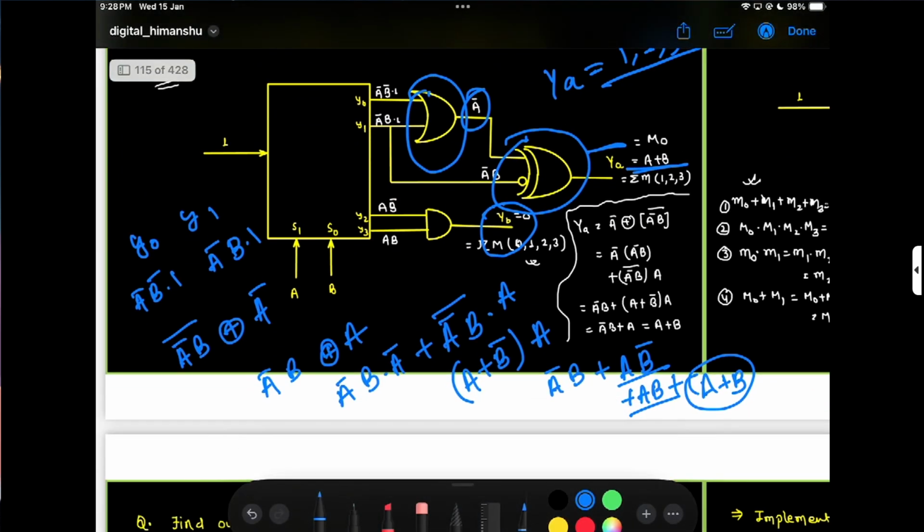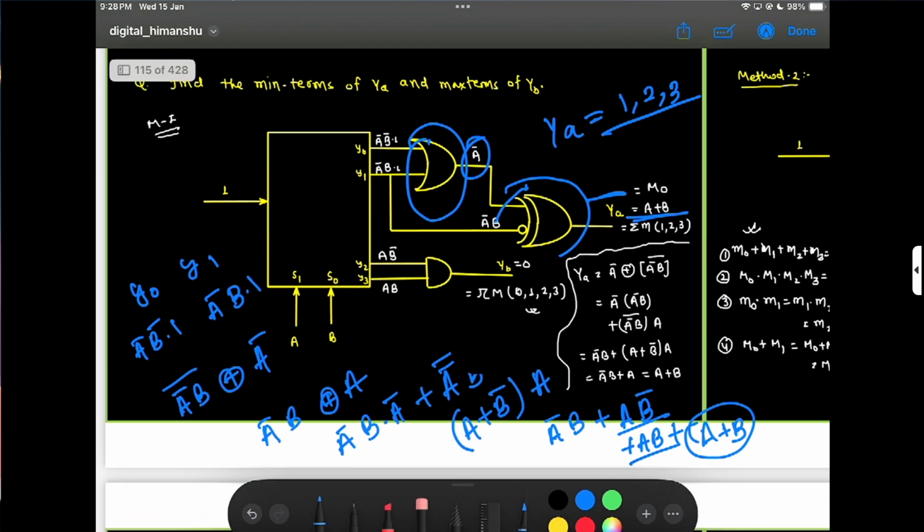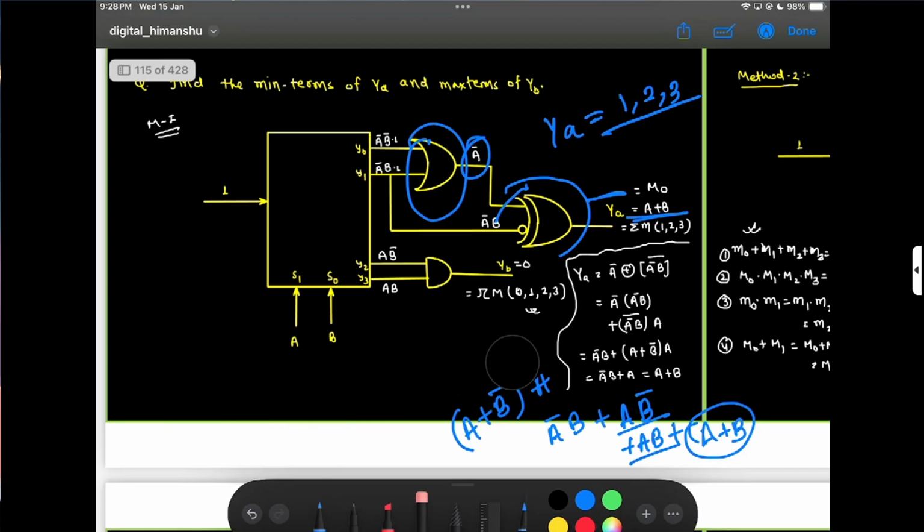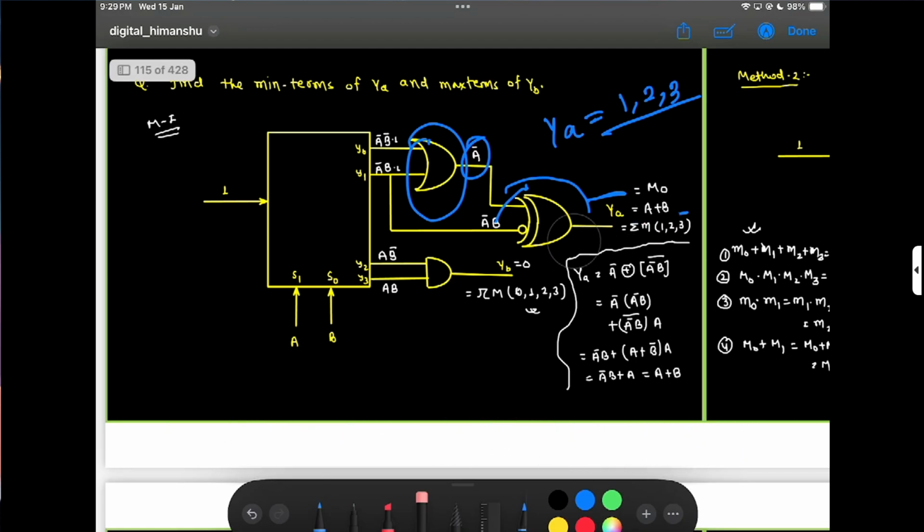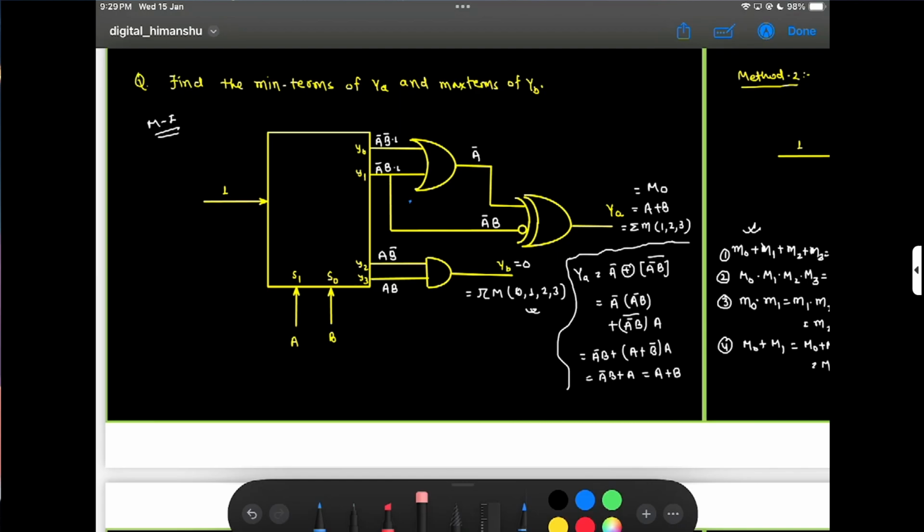And here, what is the max term? For the max term, how can I write it? Just a second, remove this part, and here we can write. For the max term, like Y2, A B bar and A B, this is basically 0. If it is 0, then how is the max term?